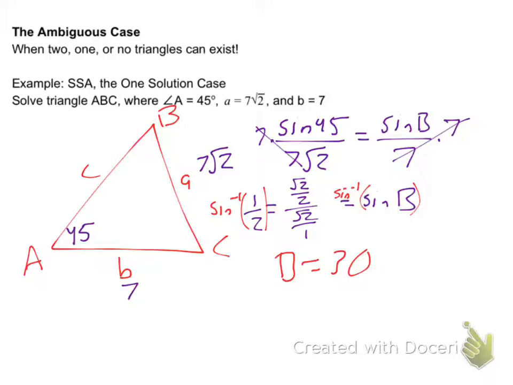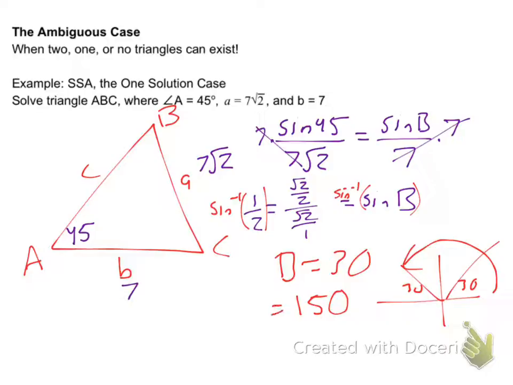Where else on your unit circle is sine equal to a half? Yeah, the second quadrant. It's positive here and positive there. Both of them have a reference angle of 30, but the one to get all the way over here is 150. Uh-oh.